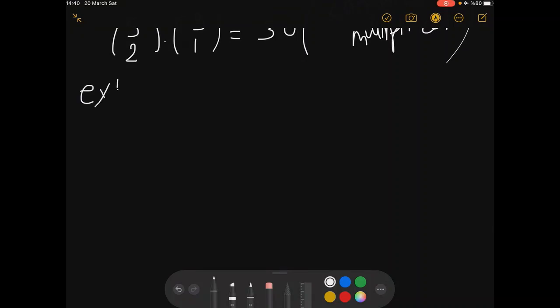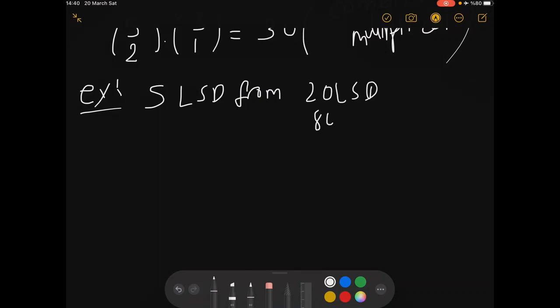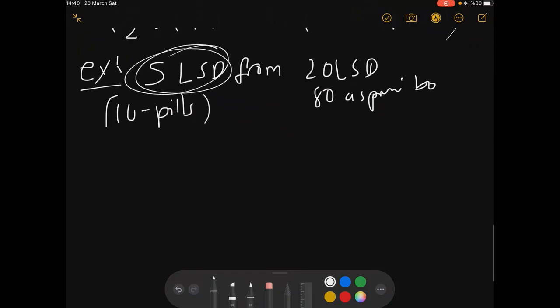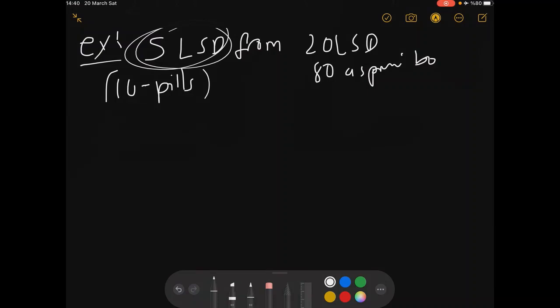And what else? If we return to our original example from the start of this session, 20 LSD and 80 aspirin in the box, when we pick 10 pills here, what is the probability of having 5 LSD? Okay, we first need to determine the sample space, right?